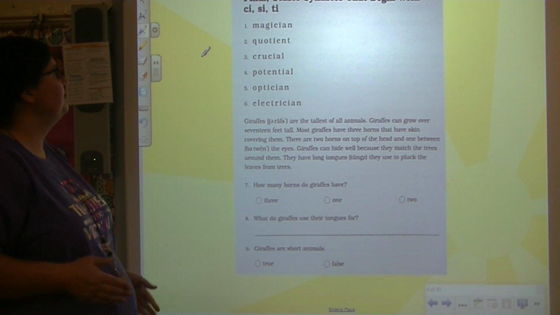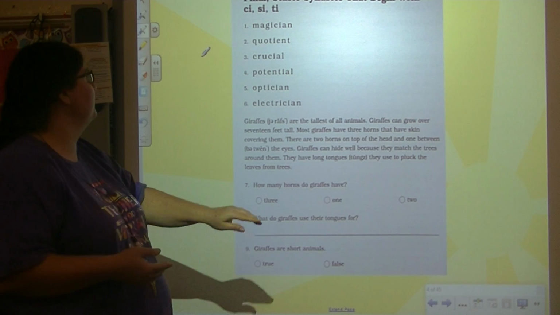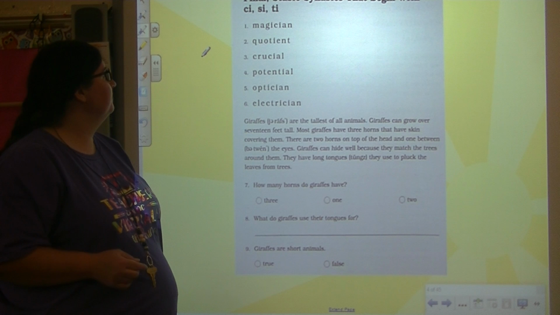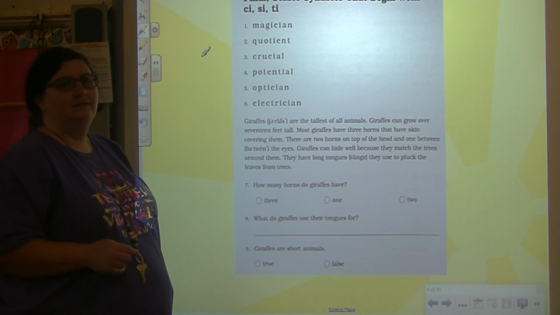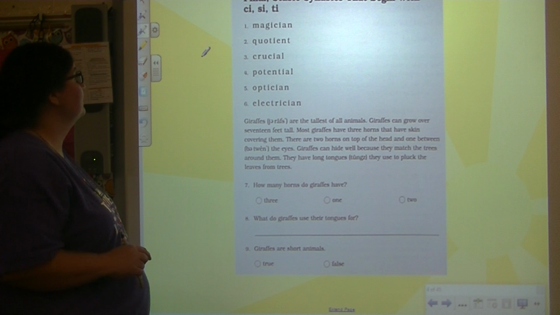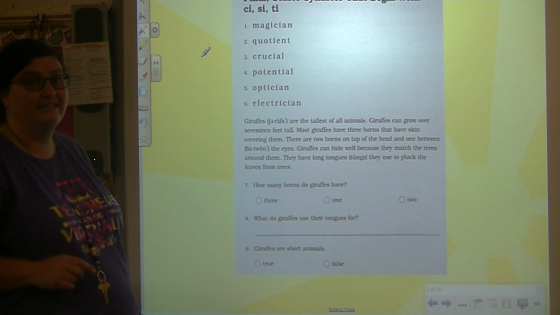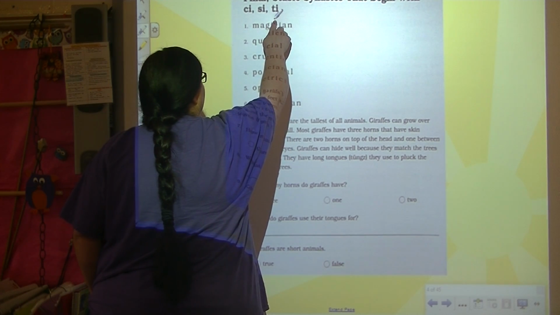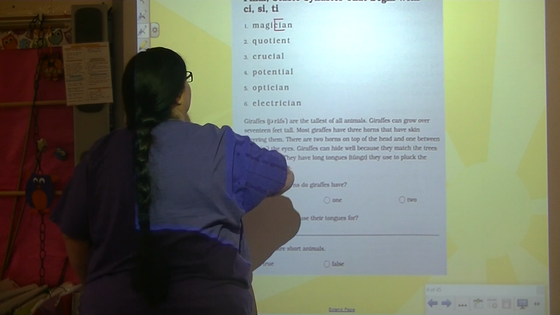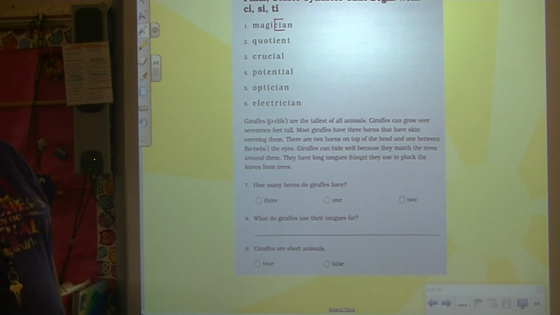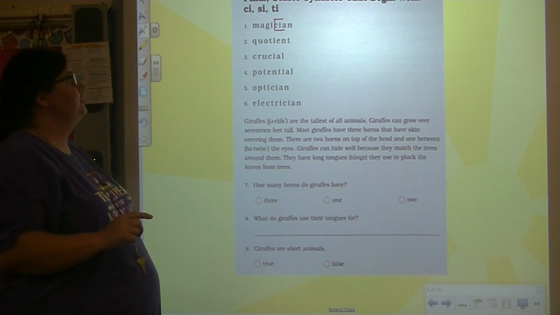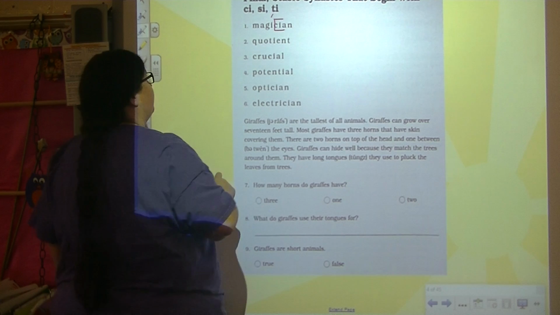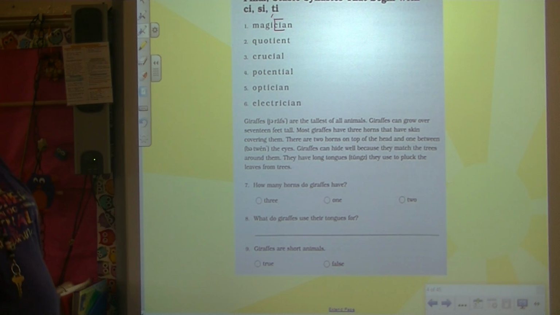All right, number 1, do you see a final stable syllable with C-I, S-I, or T-I? All right, C-I, what is it? C-I-A-N. Shun. Shun is what it says. Accent is on the syllable in front of it.